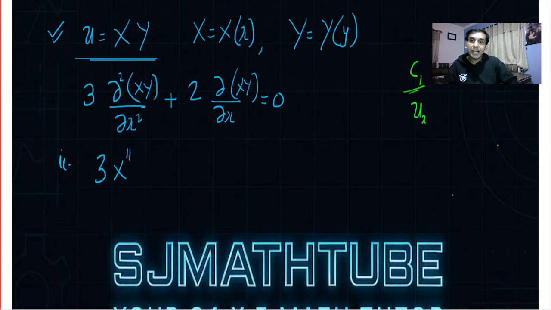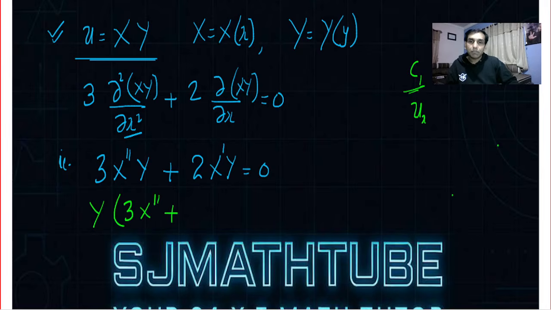Okay, let's convert it into the standard form. 3x double dash y. How did I get it? I'm differentiating partially with respect to x. Plus 2 multiplied by x dash into y equal to 0. Now, I'm going to take that y common. So I get y(3x double dash plus 2x dash) is equal to 0.